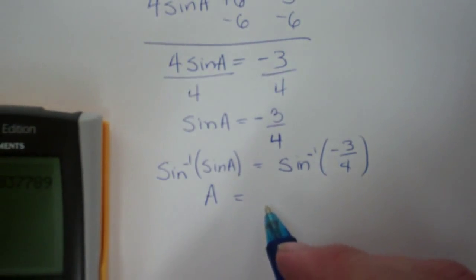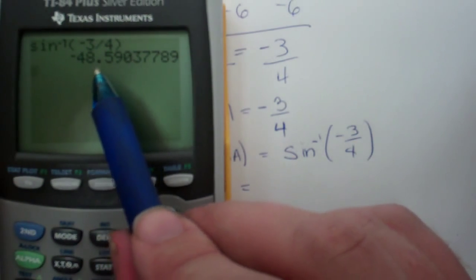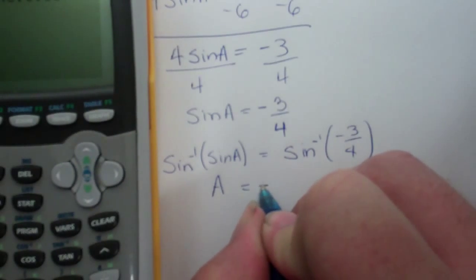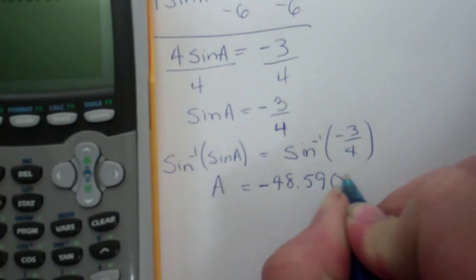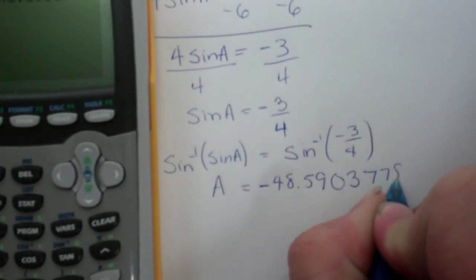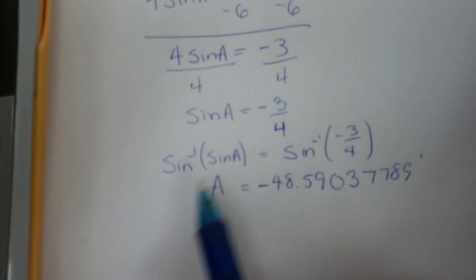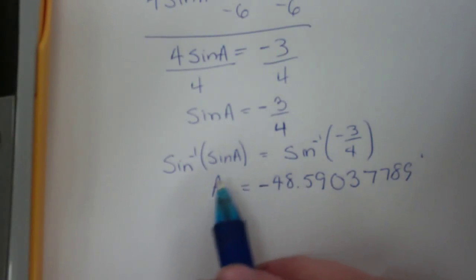So the answer that the calculator gives us is negative 48.59037789. I'll write that down here: negative 48.59037789 degrees, right?